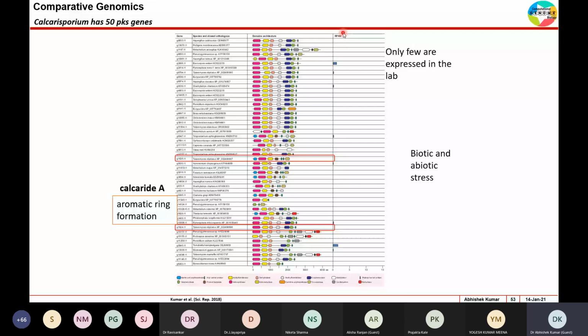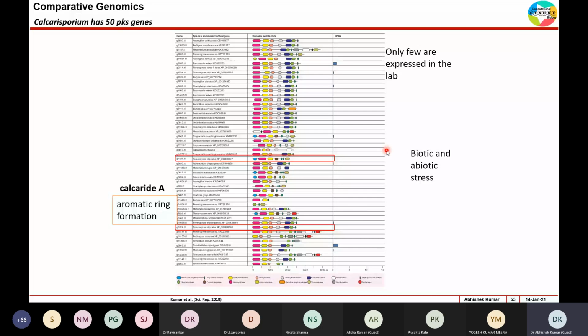When you give them some stress, maybe high salt concentration, heat shock, or other kind of shock, a lot of sun, then they produce. This organism, Calcareosporium, has 50 of them. Maybe 5 of them are expressed in one condition, 5 in another condition, and 5 in yet another condition.